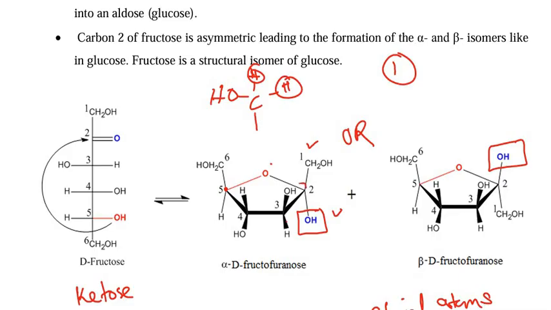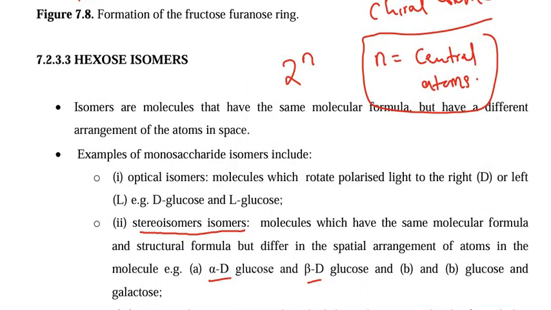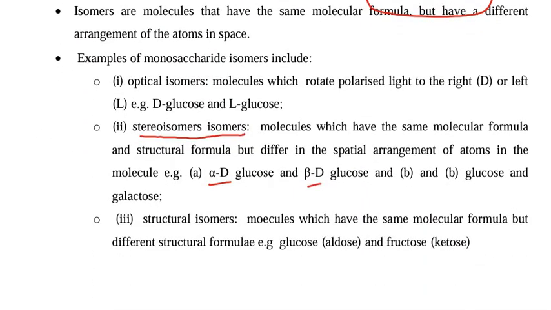The only central atom here is this one. So this is 1. In other words, 2 to the power 1 just gives us 2. That's the main reason why hexose sugars, which only contain 1 central or chiral atom, can only have 2 stereoisomers, the alpha and the beta one. That's basically what we have, and this can also be concluded by just looking at this last part.